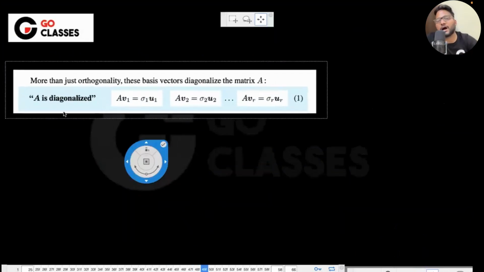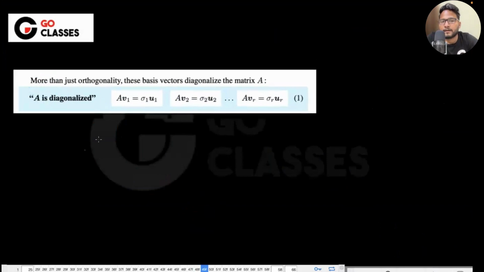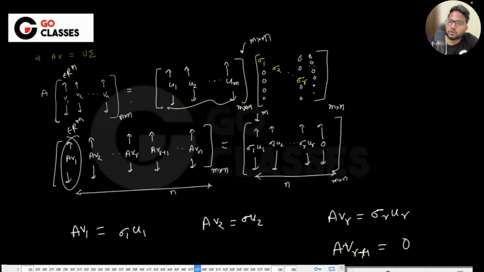If there are r non-zero singular values, then these r equations hold. For the rest, if you want, you can write A v(r+1) also, but can anyone tell me what it will be? Because of these zeros, A v(r+1) actually gets 0. There is no role for u to play.